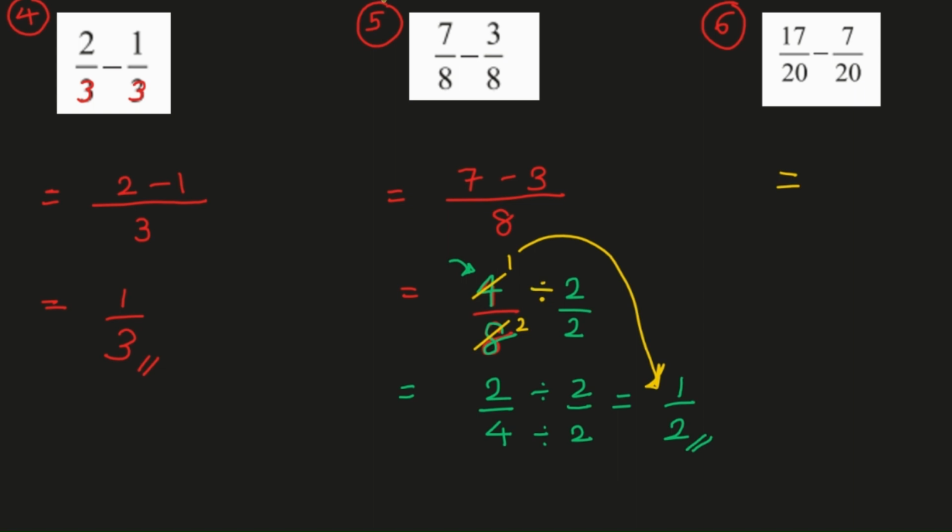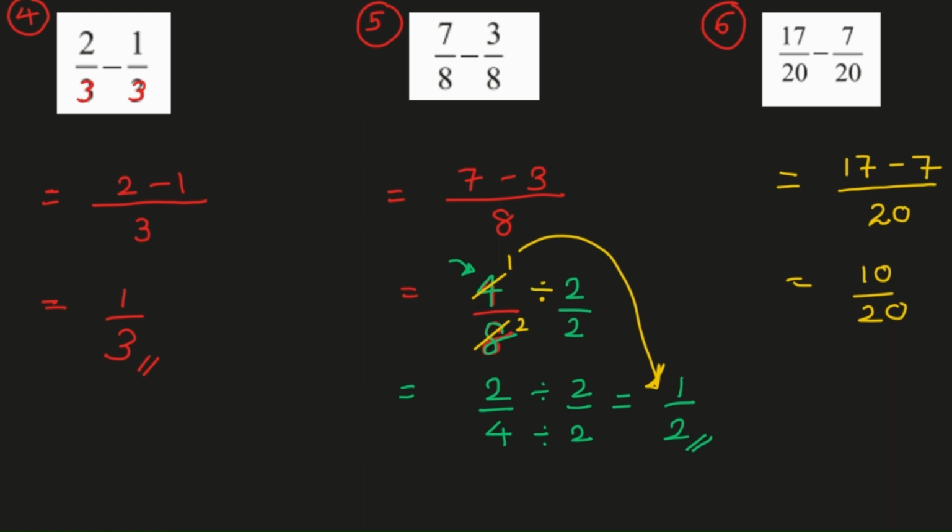Here, the denominators are equal. Then it's easy. You simply put 20 as it is, and in the numerator part, 17 minus 7. The answer is 10 upon 20. You can simplify again.